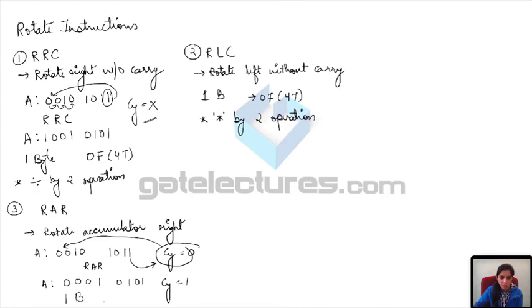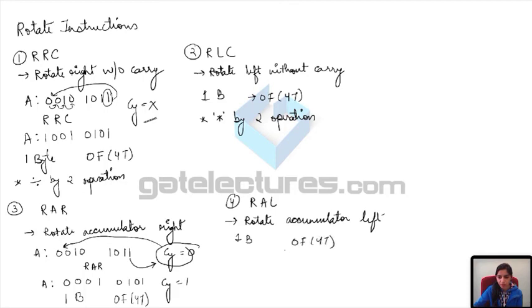This is also a 1 byte instruction and has 4 T states. Similar to this, to shift left the contents of the accumulator using the carry flag, we have an instruction RAL, which is rotate accumulator left with carry. This is also a 1 byte long instruction. Fine. So these are the instructions that we have for rotating the contents of the accumulator.